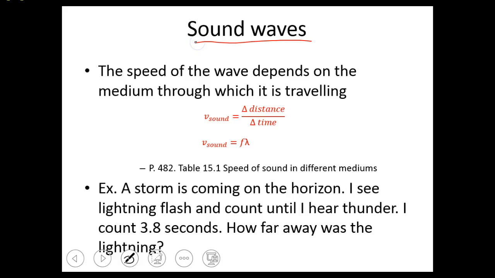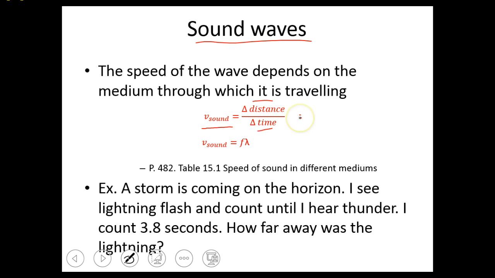For sound waves, I kind of alluded to them traveling differently in different states of matter, fastest through solids, slowest through gases. Sound waves actually travel at different speeds, depending on the medium that they travel through. The velocity of a sound wave is the change in distance over the change in time.